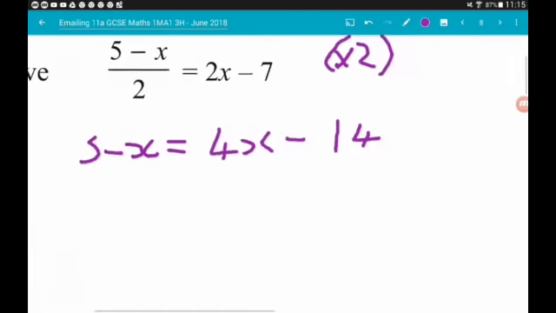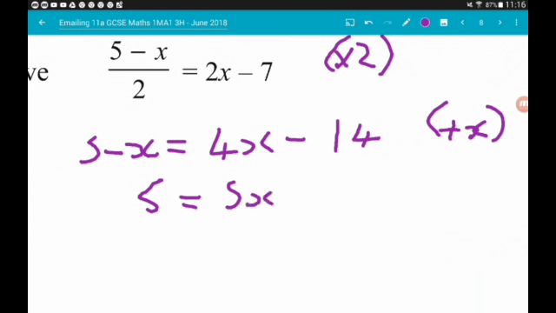Okay, my next step would be to get the x terms on the same side. So on the left, we got a minus x, so I'm going to add x to both sides. So then we got 5 is equal to 5x minus 14. Add 14.